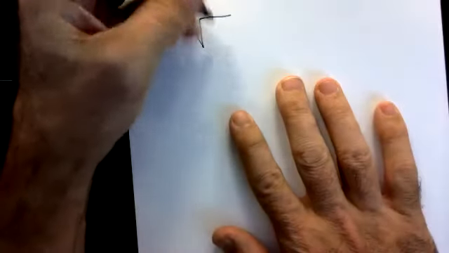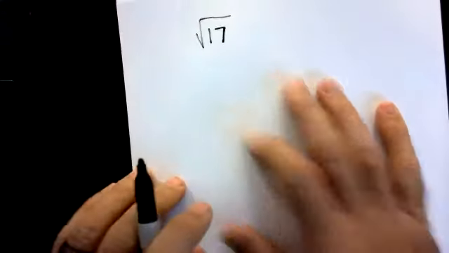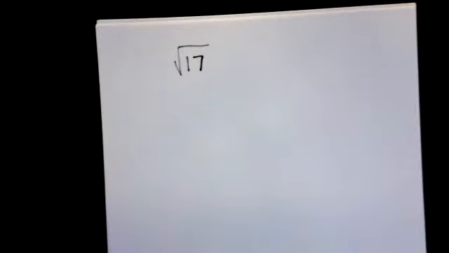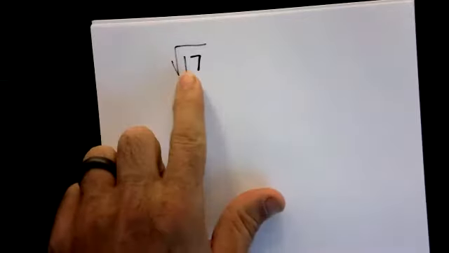Now, occasionally, they will give you a non-perfect square. For example, if they ask for the square root of 17, most of the time, in fact the rest of this unit, I'm going to want the exact answer, which is just the square root of 17.